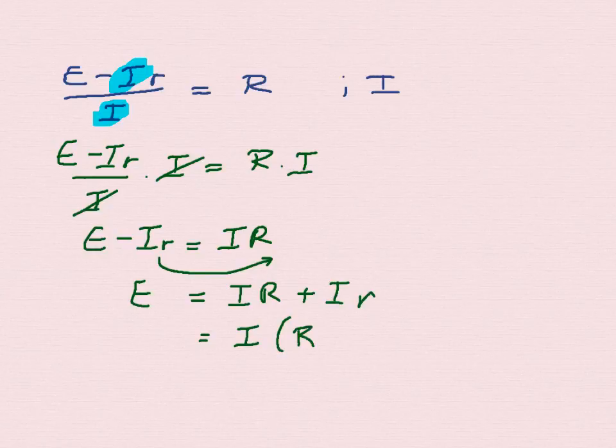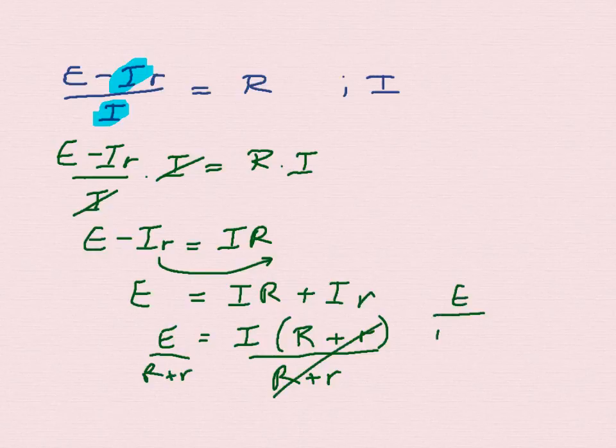IR divided by I is an R. IR divided by I is a little r. And then my last step will be to divide both sides by whatever's multiplied by the I, which is R plus r, both sides, and that'll cancel, leaving me with E over R plus r equals I.